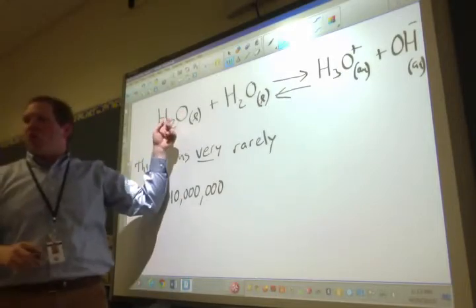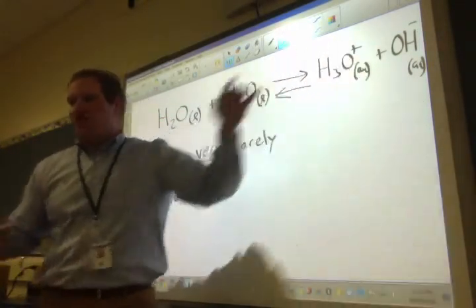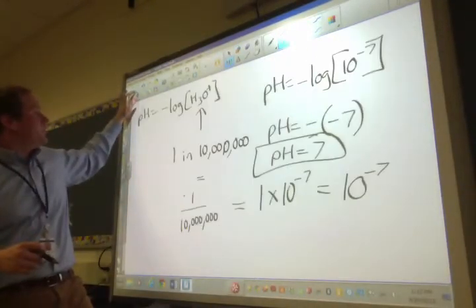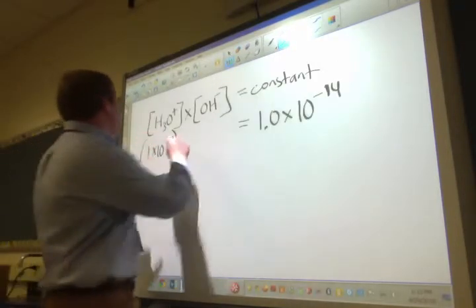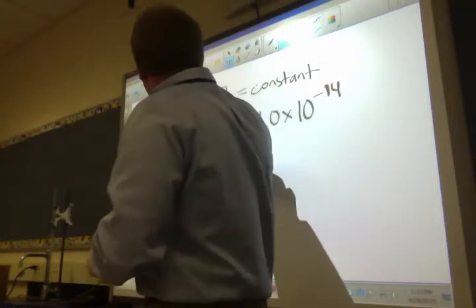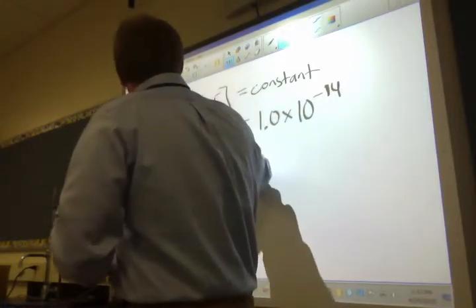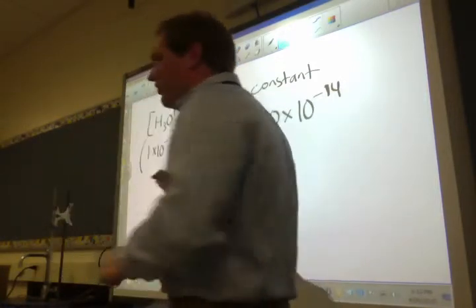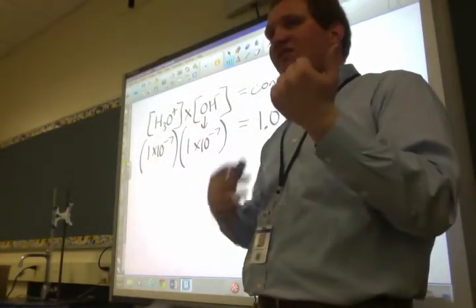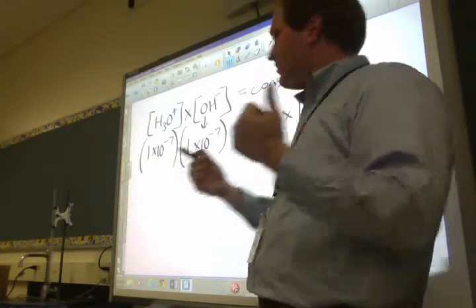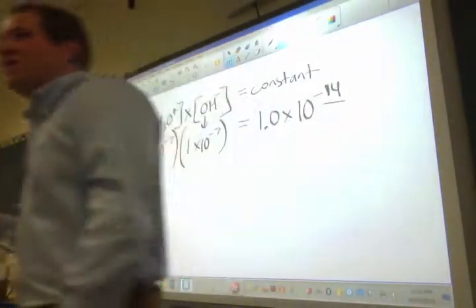For every one water that splits, we get one of each. So in neutral water, with a pH of 7, this equals that. So this is 1 times 10 to the negative 7th as well. Multiply these together, you add the exponents. What's negative 7 plus negative 7? Negative 14. You don't multiply it.